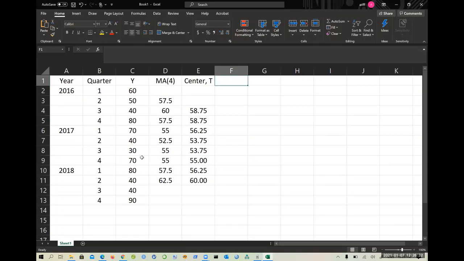Okay, to find the seasonal variation, what you need to do here is to just add one more column. This will be Y over T times 100. Okay, there is a question whether it is compulsory to multiply with 100. The answer is no. Okay, it is not compulsory for you to multiply with 100.